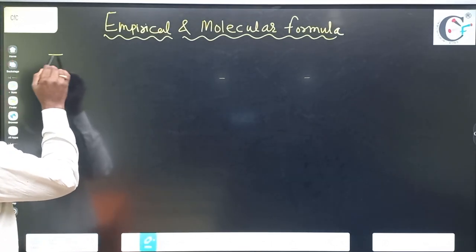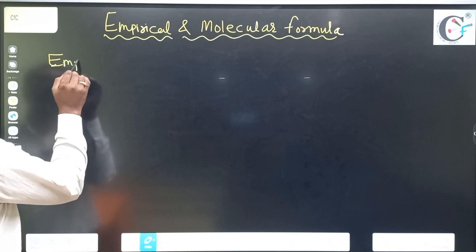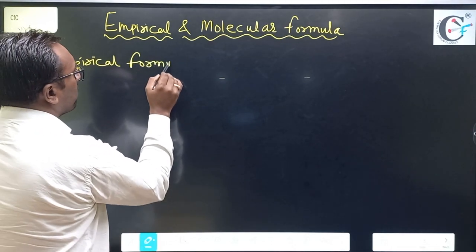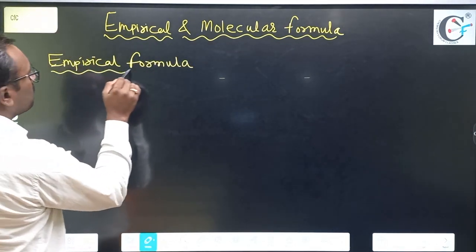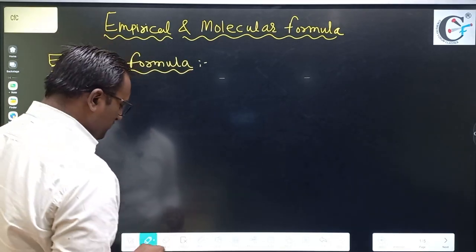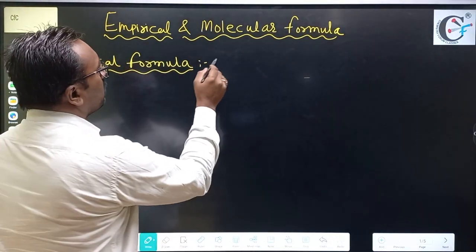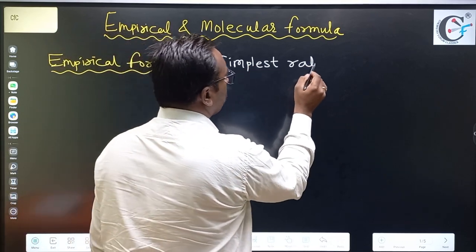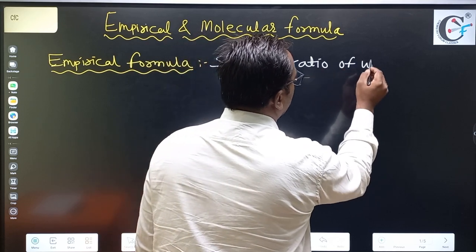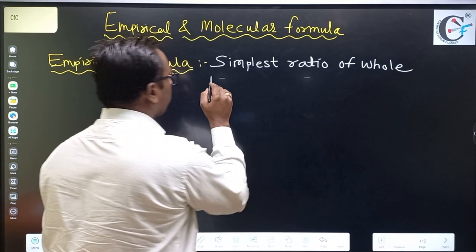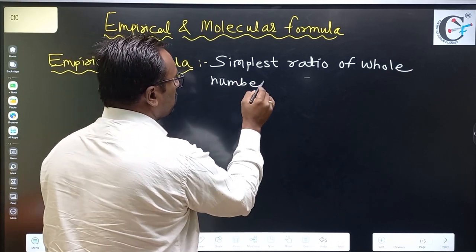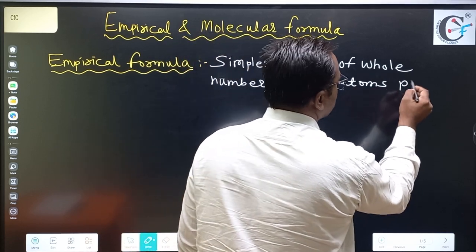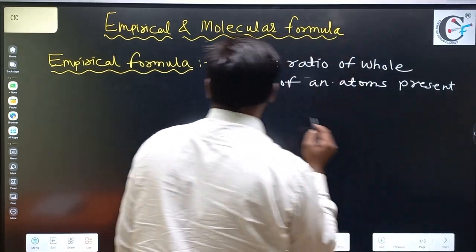So I will write here what is meant by empirical formula. It is nothing but the simplest ratio of whole numbers of atoms present in a compound.